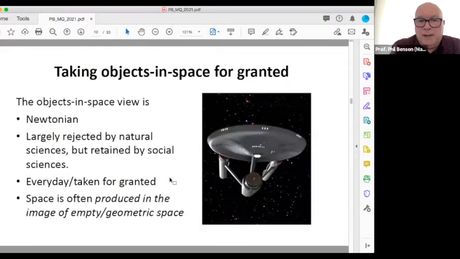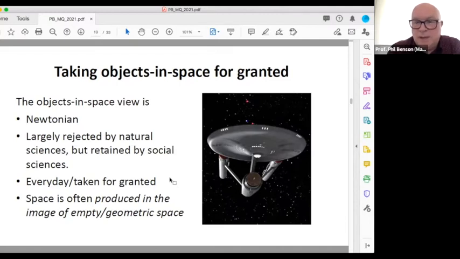Now, to make that a little more complex, I don't think it's a level playing field. I don't think it's an even fight between the objects in space and the objects as space perspective, because the objects in space perspective is very much a taken for granted everyday perspective on space.